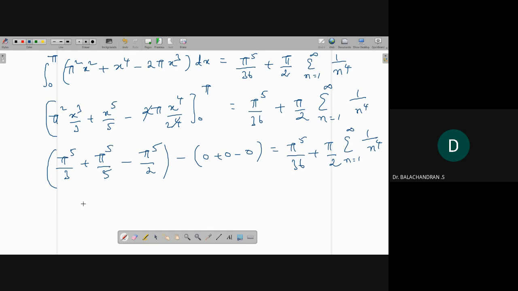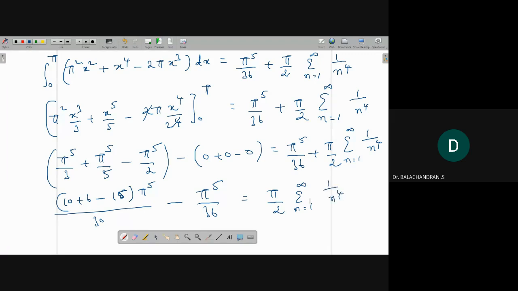So if you take 30, you have 10 plus 6 minus 15 into pi power 5, minus pi power 5 by 36, which is equal to pi by 2 summation n equal to 1 to infinity 1 by n power 4.